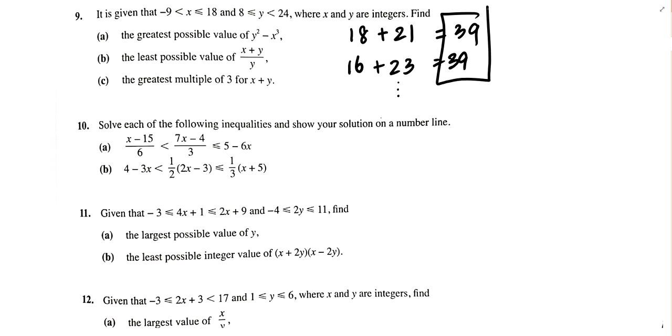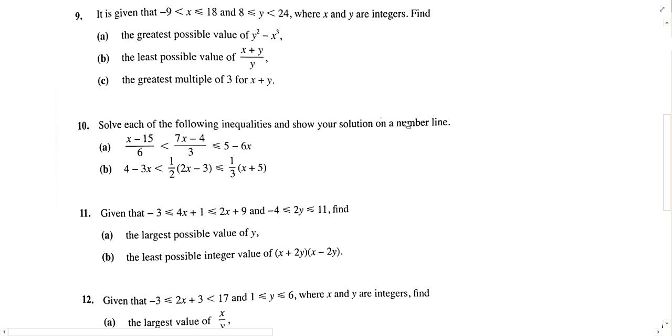Okay, another way to do this is to simply add x plus y. Since x is ranging from -8 to 18, and y is from 8 all the way until 24, we can actually combine them together.